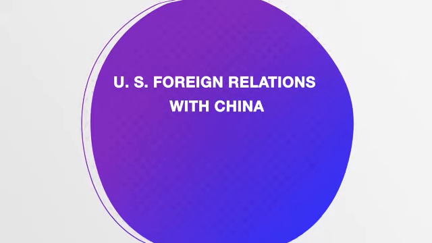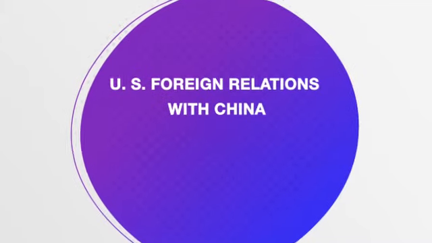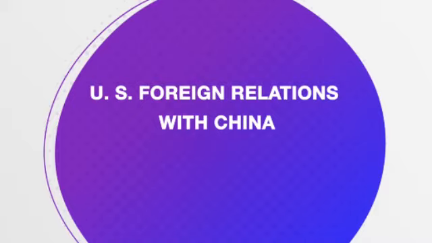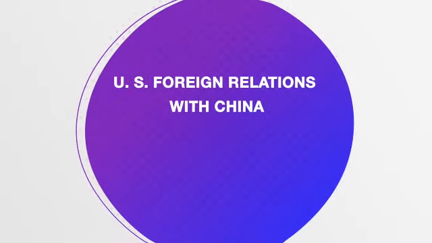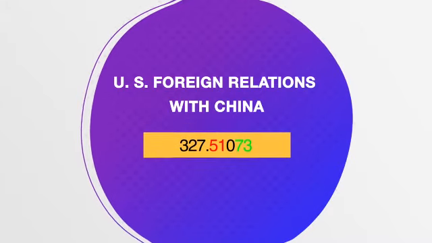So it is foreign relations between two countries, and the two countries here are United States and China. First of all, we have to find the number for foreign relations. And when you see DDC, you find the number for foreign relations is 327.